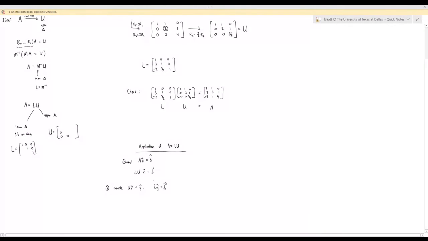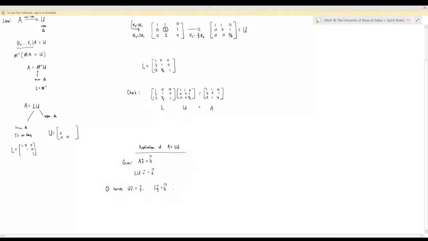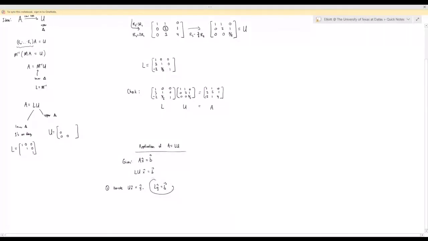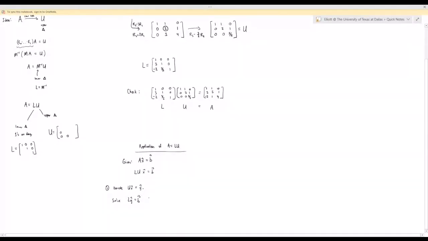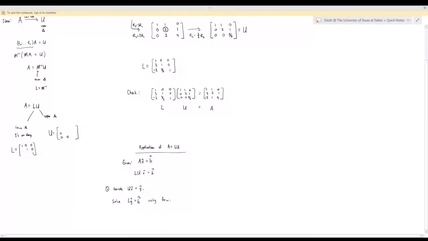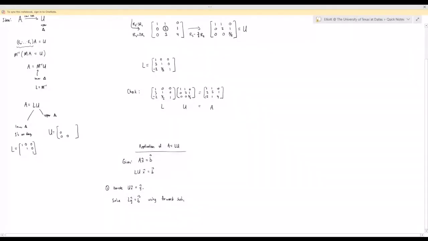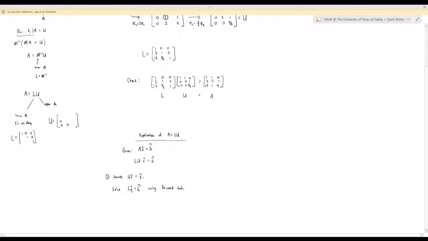And we're going to be able to solve this equation just by doing substitution, okay? Specifically, we'll be doing what they call forward substitution, similar to backward substitution. Okay. And so the idea is you solve Ly equals b for y.